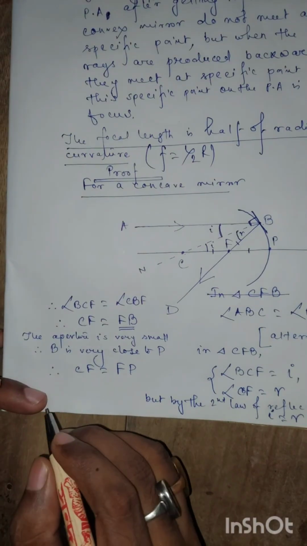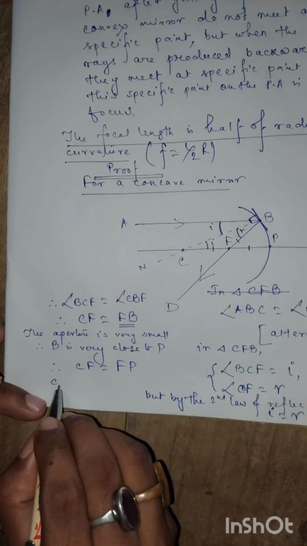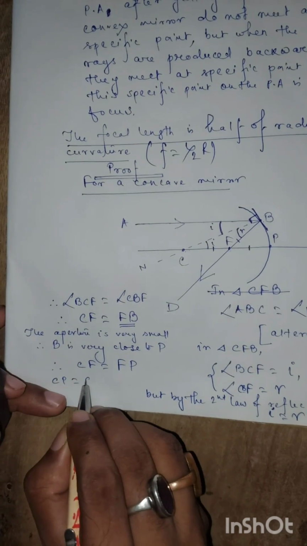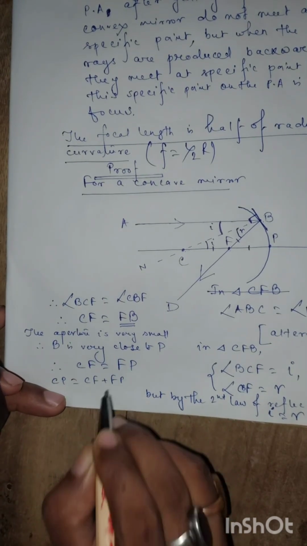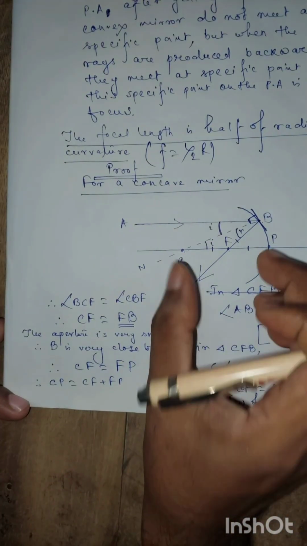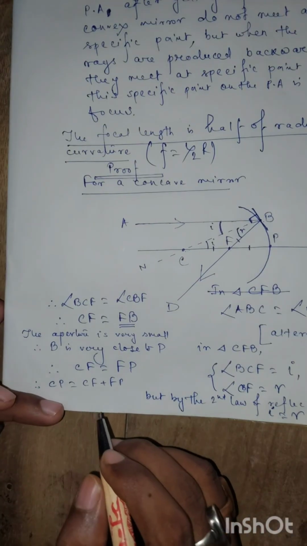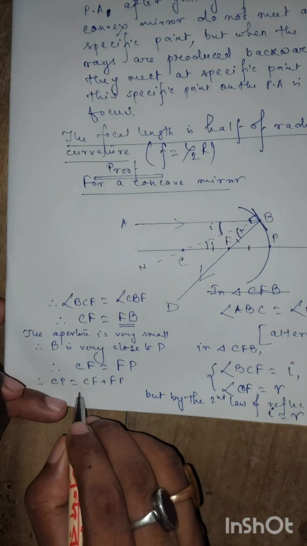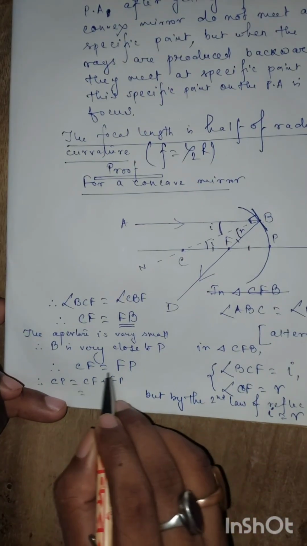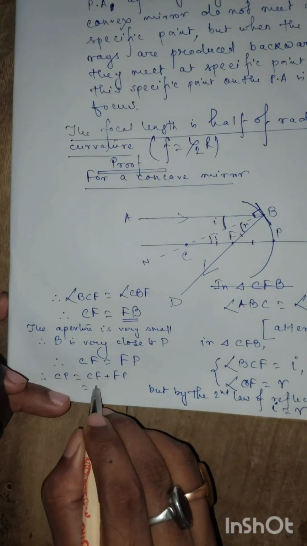Therefore, we can write CP is equal to CF plus FP. But CF equals FP, that means we can write twice of FP.